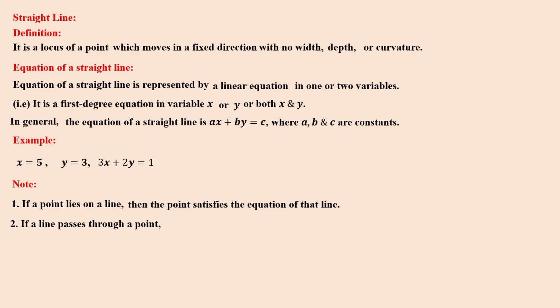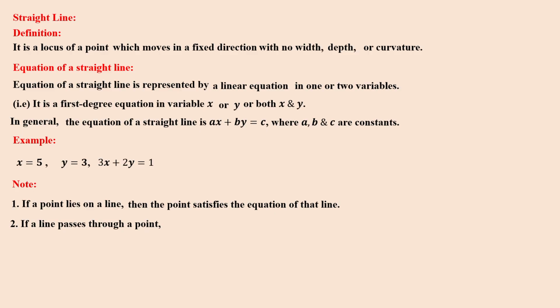Suppose the point (x, y) lies on the given line. Then instead of x you substitute the x coordinate, and instead of y you substitute the y coordinate of the point. Then the equation will be satisfied, so the left hand side and right hand side are equal.